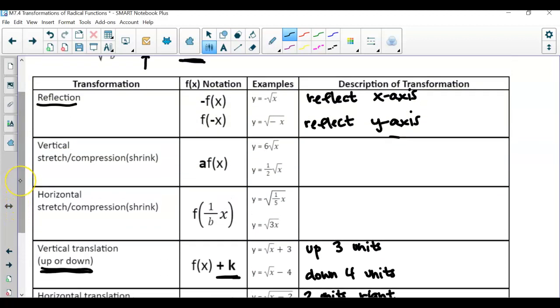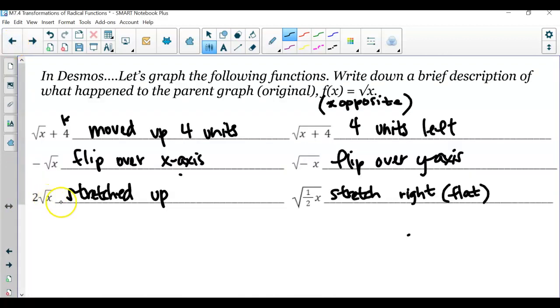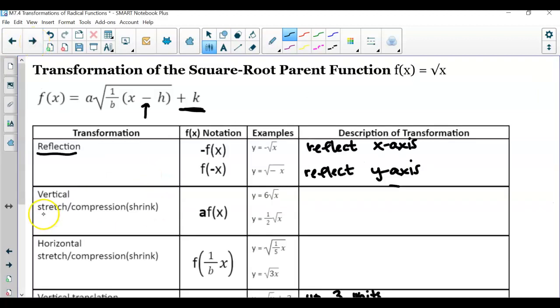So now let's talk about the vertical. See how with the value a, what we're talking about here is that value on the outside. Like we did 2 times that, and we talked about how the graph stretched upward. So really, this was our stretch. Instead of up, think about up and down, which is your vertical.